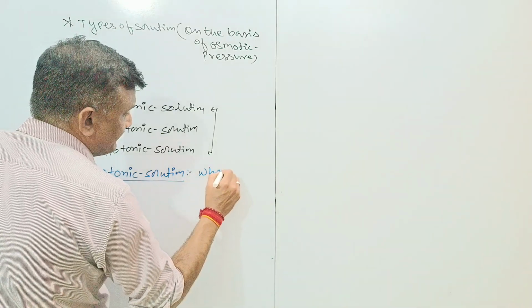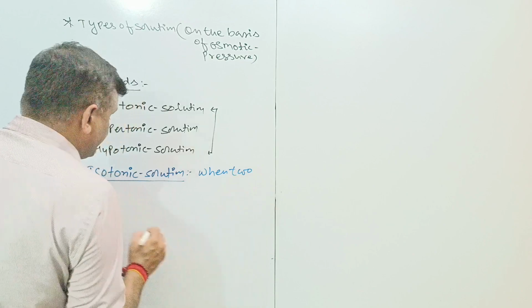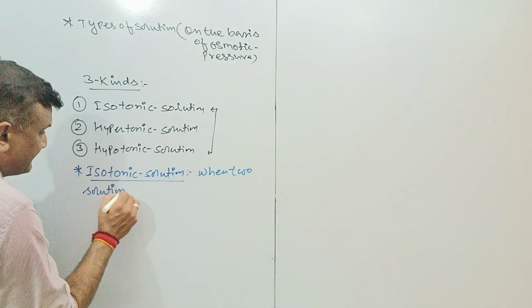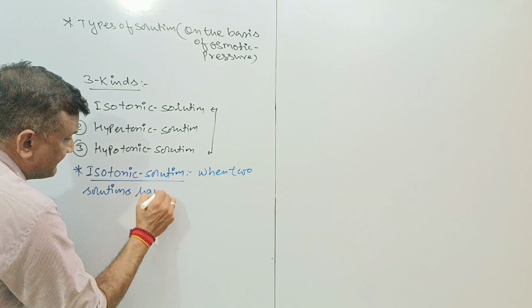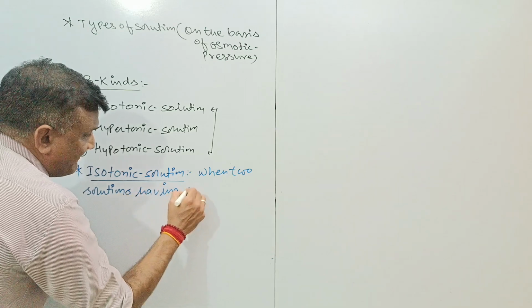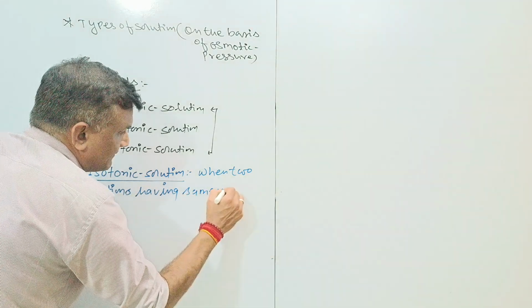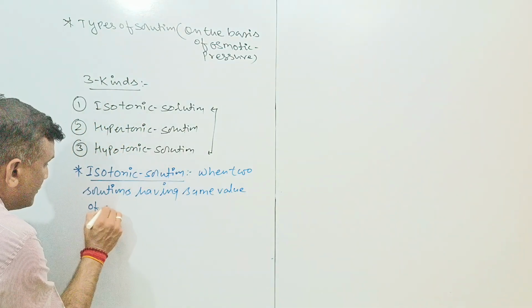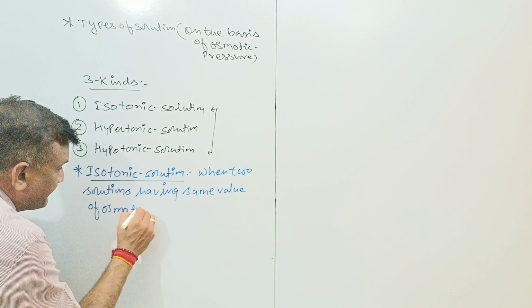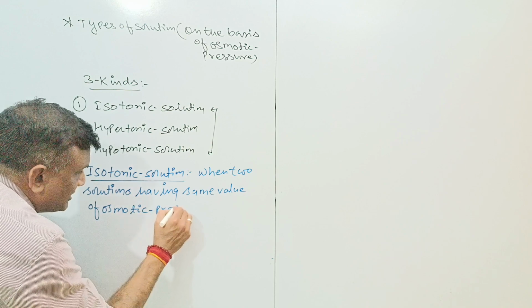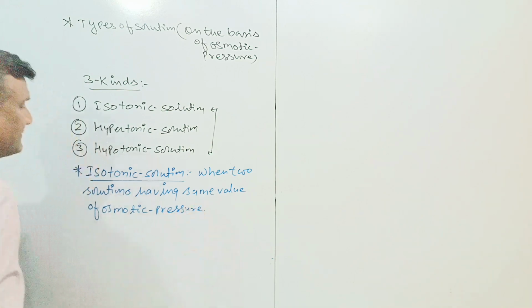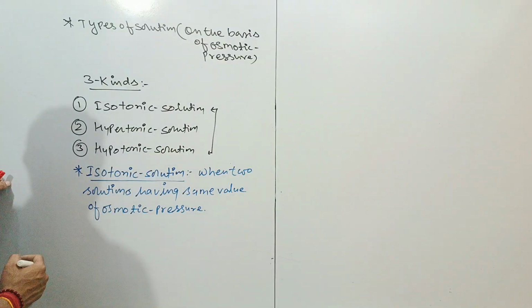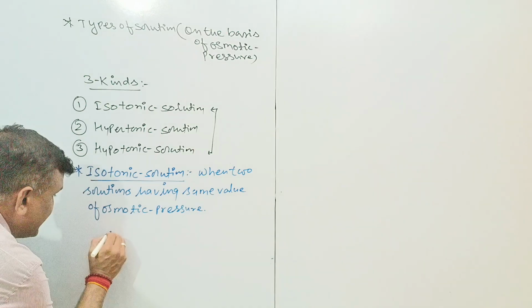When you have two solutions having the same value of osmotic pressure, then those are known as isotonic solutions.